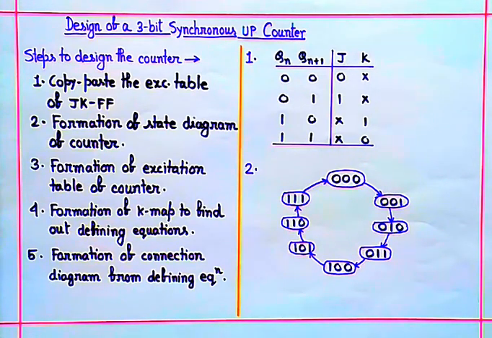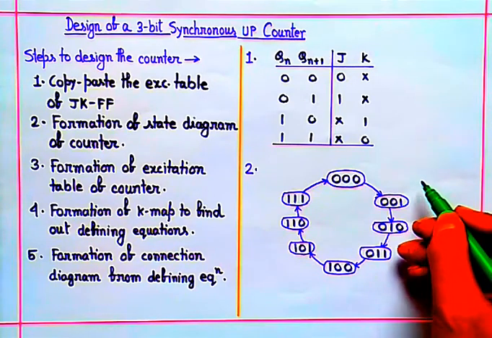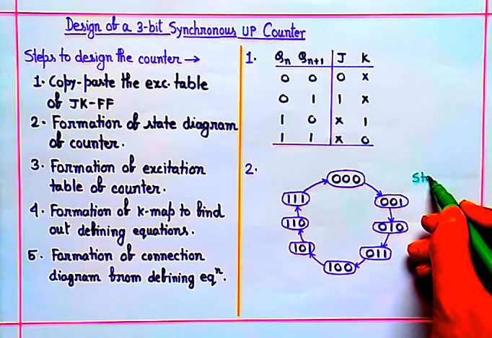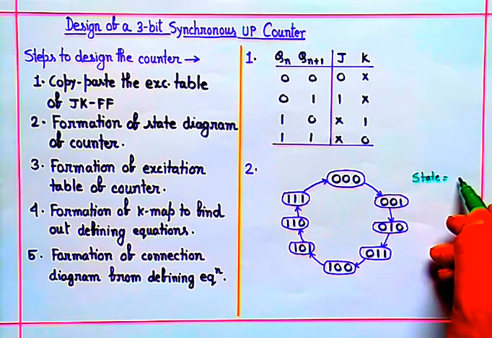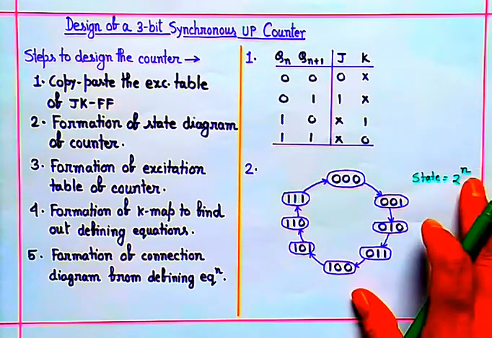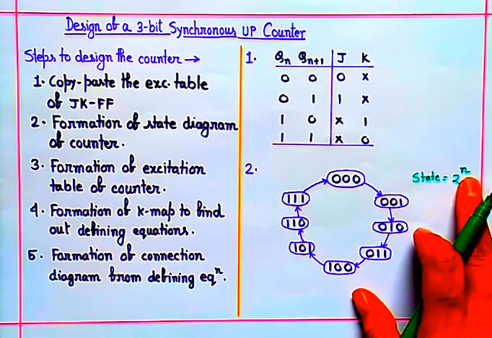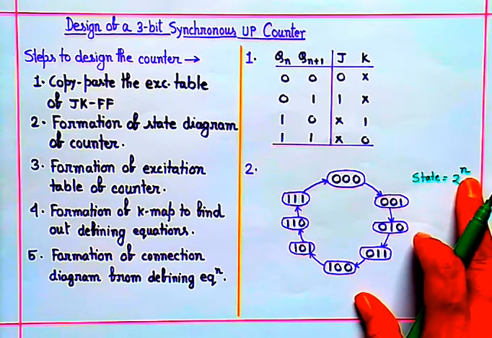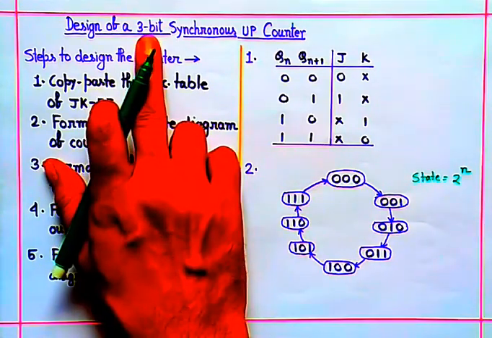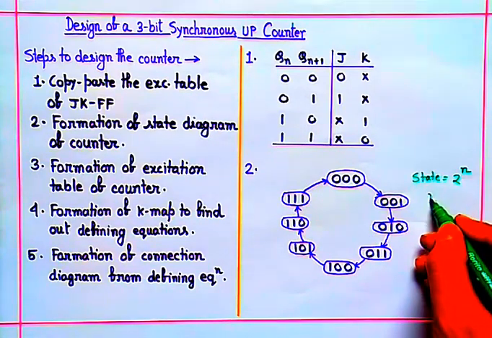So before drawing the state diagram, you have to know what is state. In this particular case, the number of states is equal to 2 to the power n. So what is n? n is the number of bits or number of flip-flops. You know that it is a 3-bit counter. That means n is equal to 3 here.